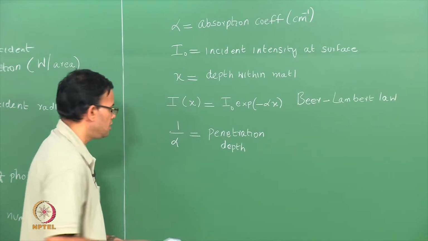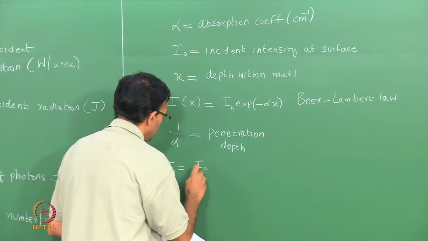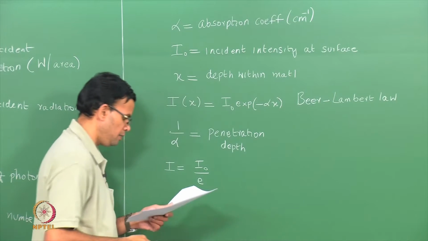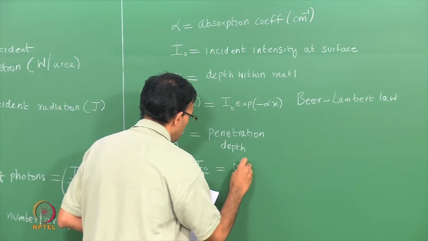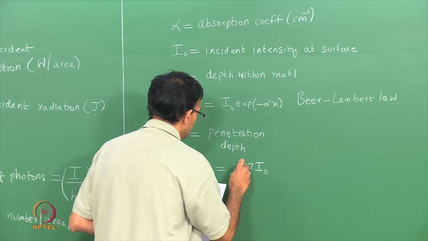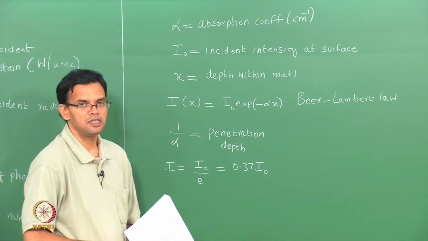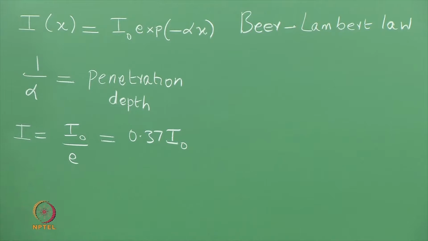So, at this distance I is nothing but I naught over e, which is 0.37 I naught, which means your intensity has dropped to 37% of the original intensity I naught.